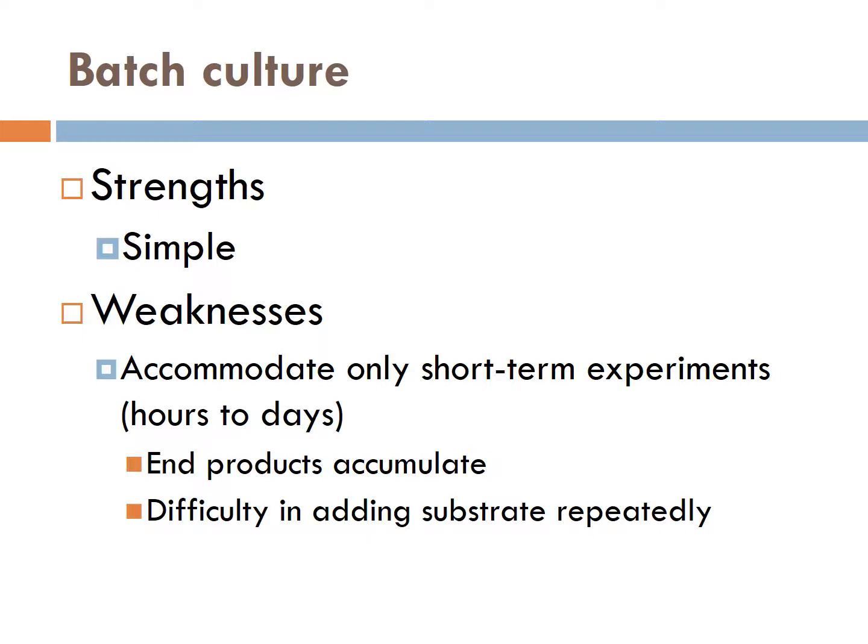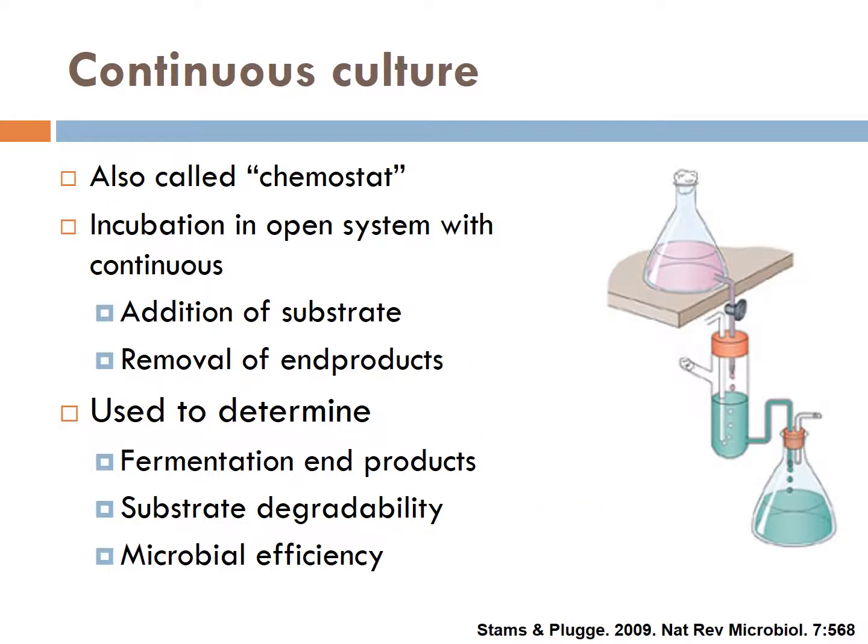We normally give one large addition of substrate at the beginning, just large enough to last the microbes through the end of the experiment. A continuous culture is also called a chemostat. It involves incubation in an open system with continuous addition of substrate and removal of end products. It's used to determine fermentation end products and substrate degradability, just as batch cultures.